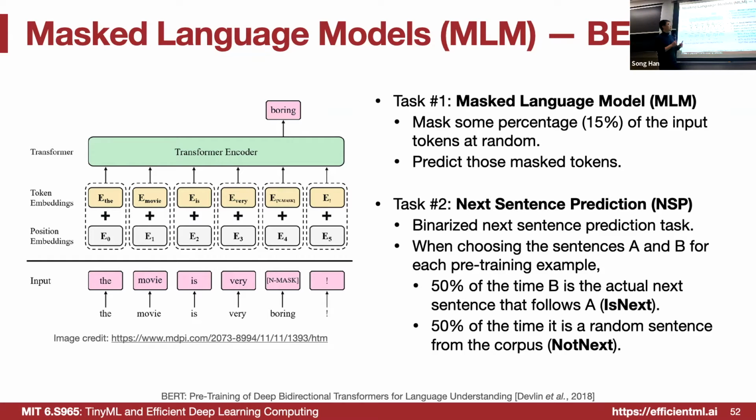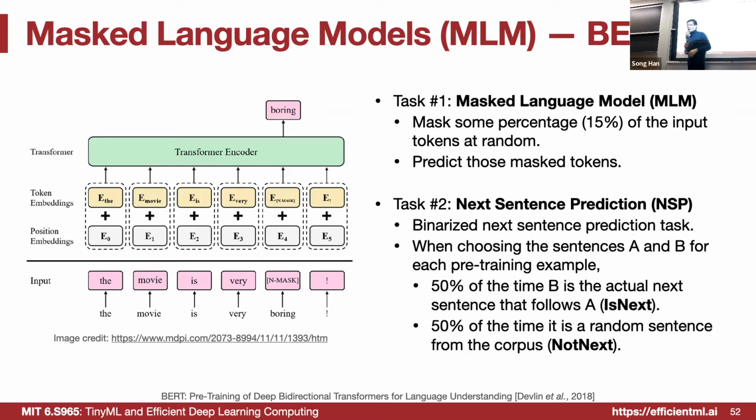Finally, after this transformer, we are going to get a 6 times d vector, where d is the hidden dimension, and we are going to pick out that particular position and try to classify what it is. We use the ground truth to supervise this training process, so that we can get the embedding for all these words. So this is basically the masked language model.